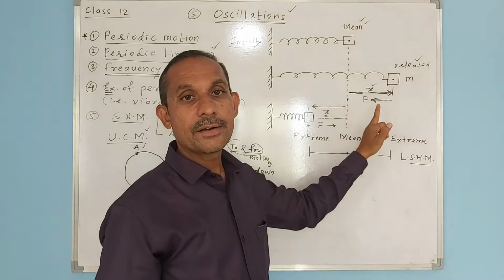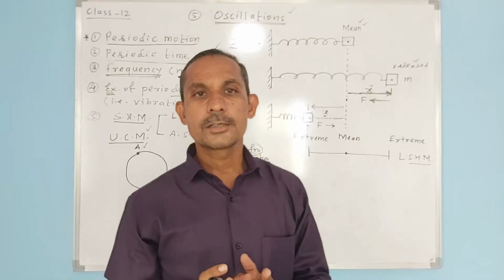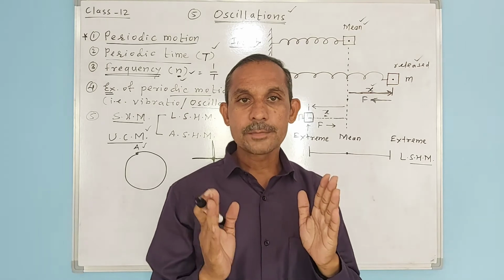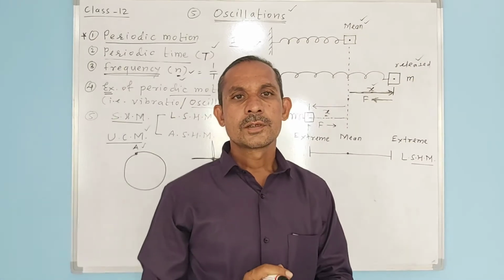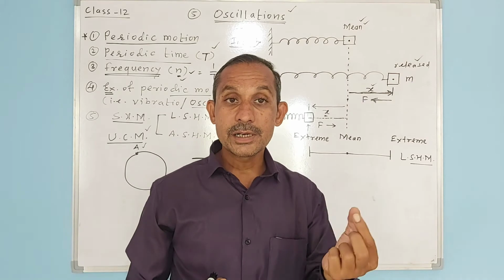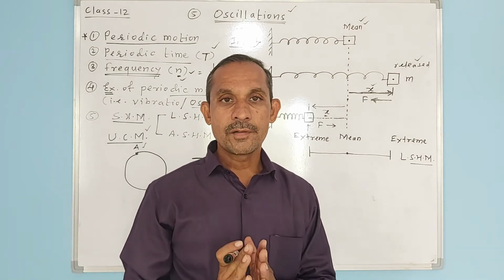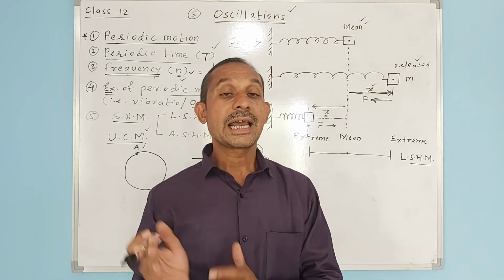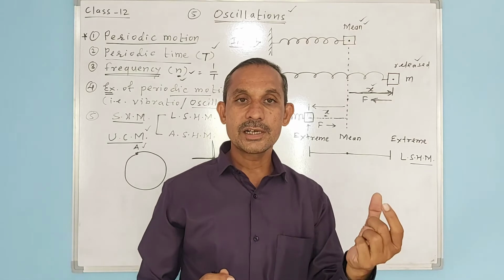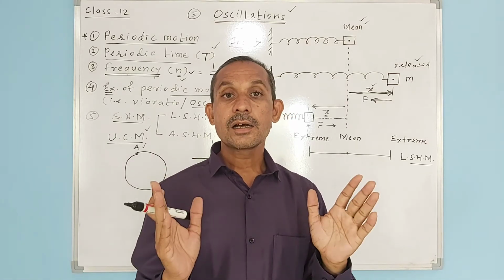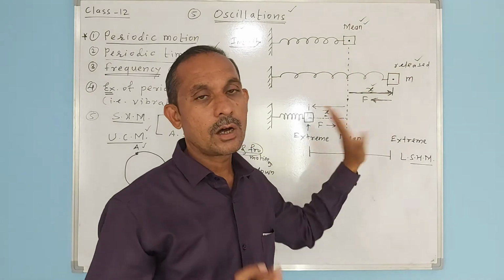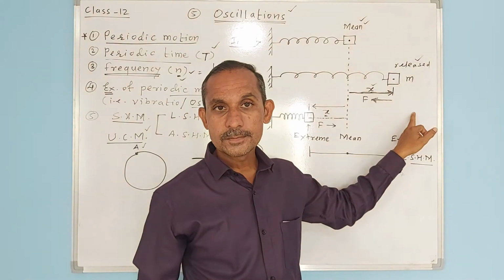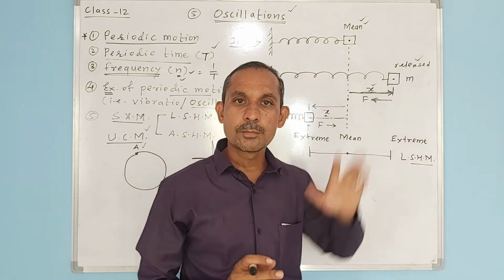So in this to-and-fro or oscillatory motion, the displacement of the body is always opposite to the force acting on the body. If the displacement is more, the corresponding force acting on the body will be more.